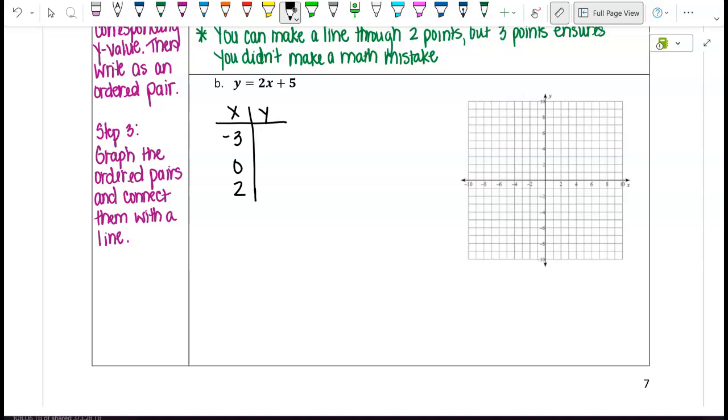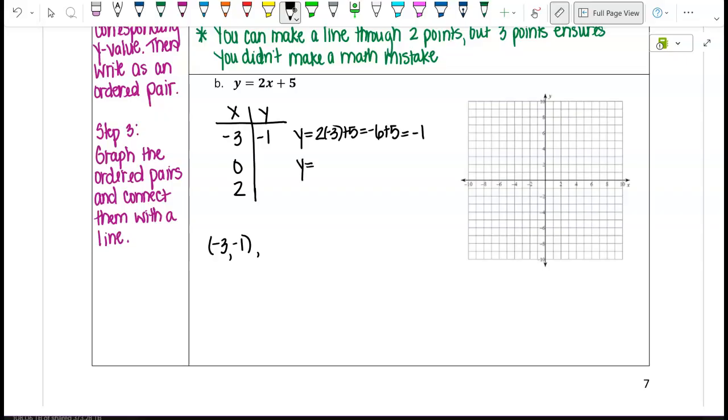So I'm going to start my substitution. So y equals 2 times -3 plus 5. -6 plus 5 equals -1. So my first ordered pair is -3, -1. Then I'm going to substitute in my 0.